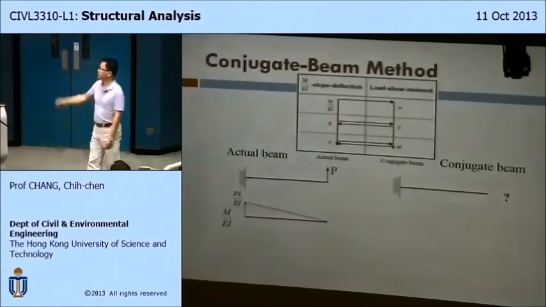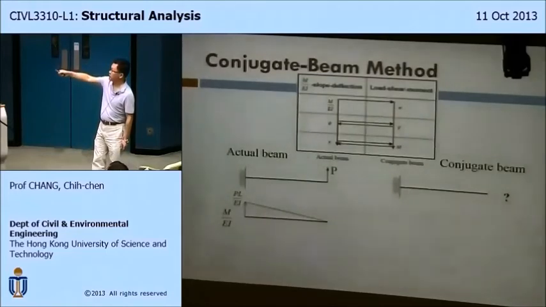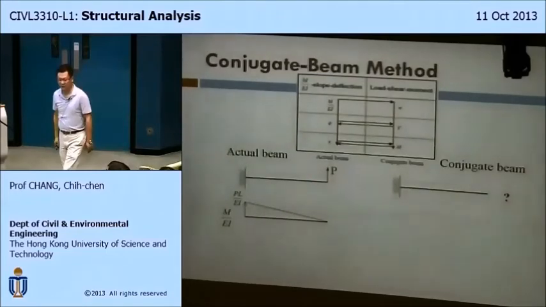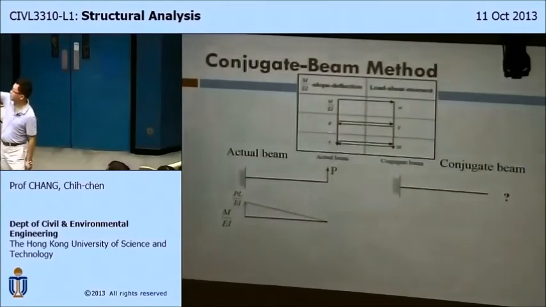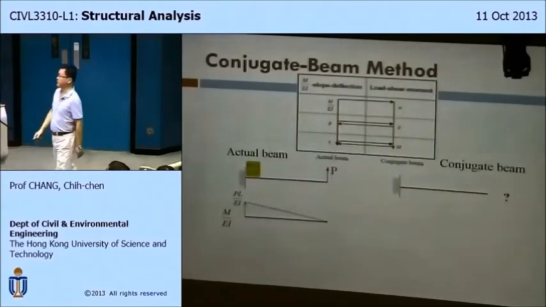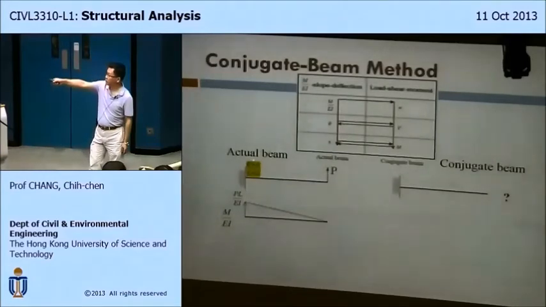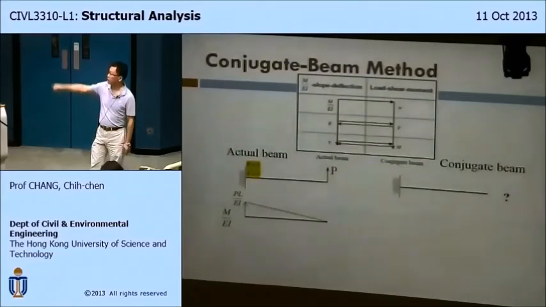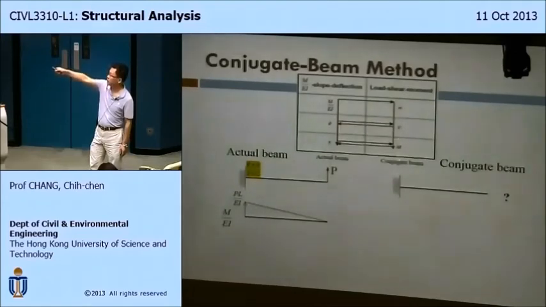So the conjugate beam, as a result, does not have the same setup as the actual beam, because I need to do these conversions. For instance, on the actual beam, rotation angle equal to 0 and displacement equal to 0 at the clamped end. So I need to convert these two boundary conditions to the conjugate beam. Theta equal to 0 implies V equal to 0 in the conjugate beam.